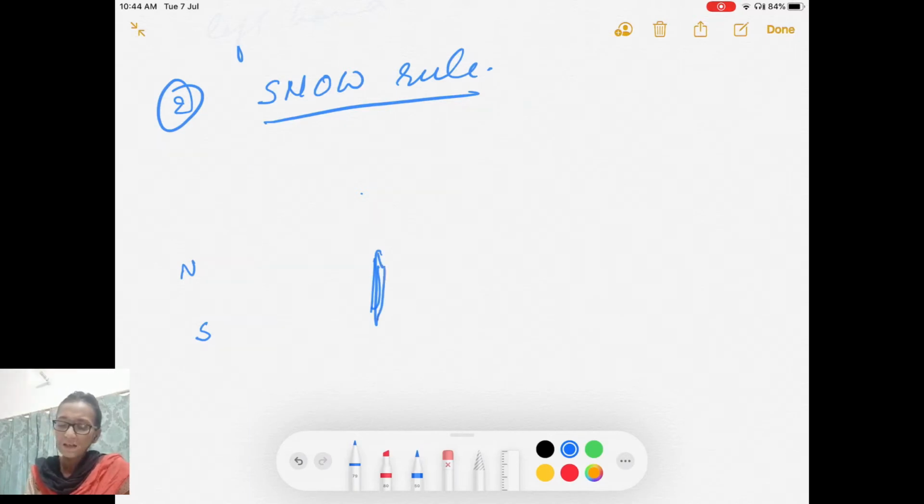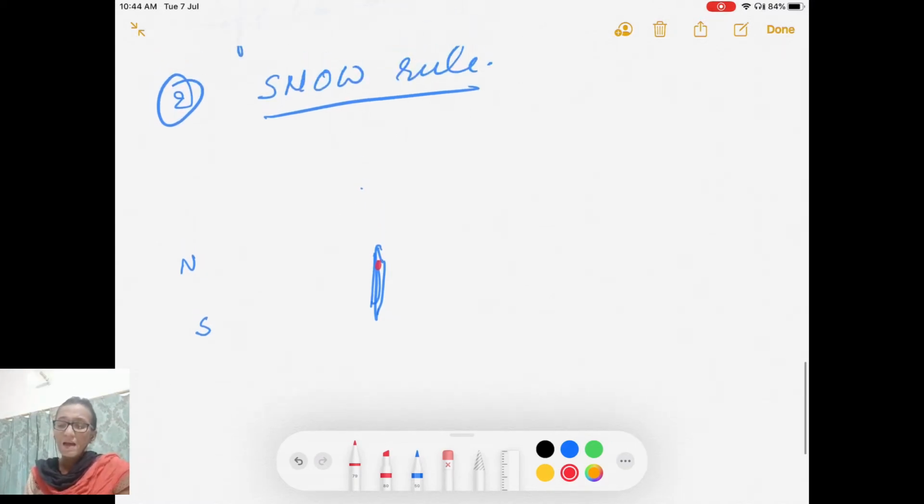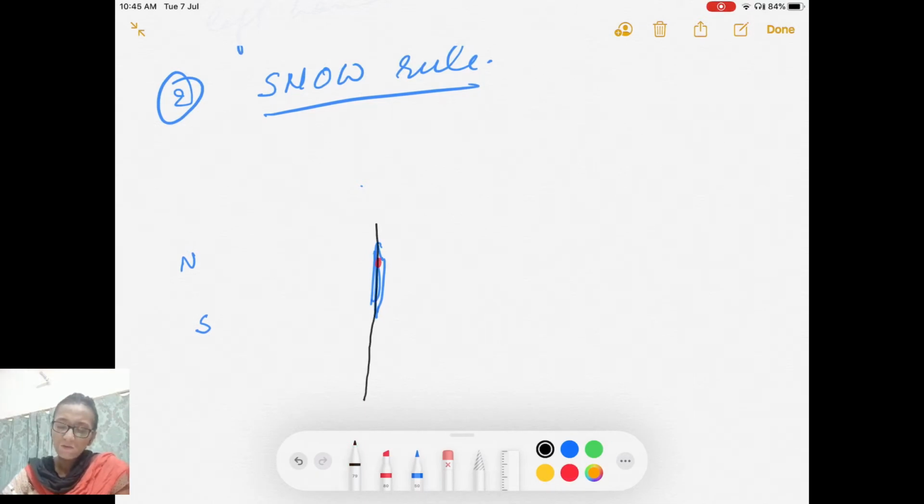You have a red spot here suggesting the North Pole is here. And a current carrying wire is laying above this compass needle.